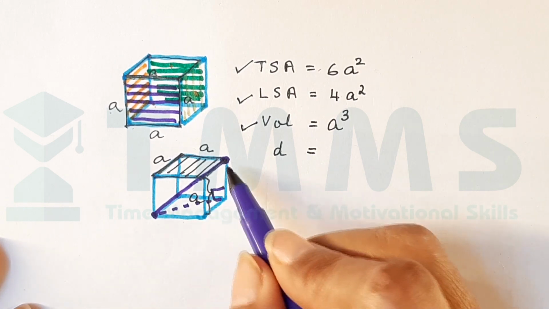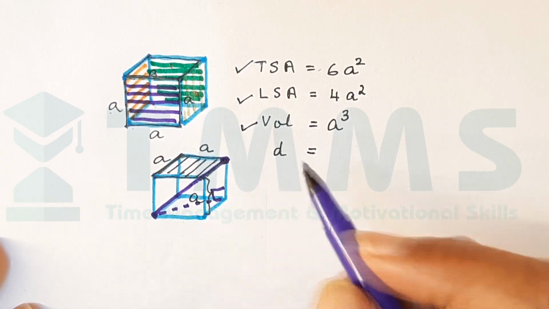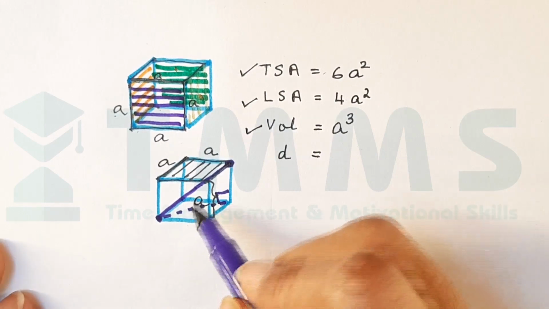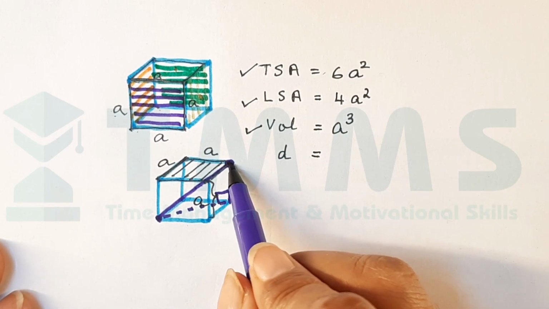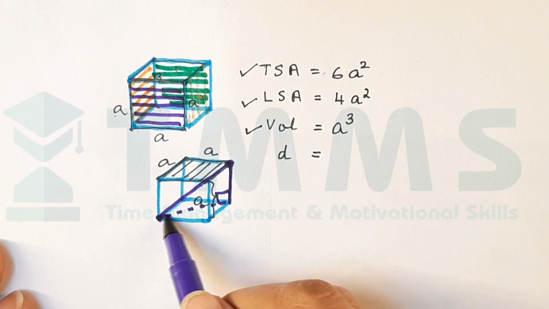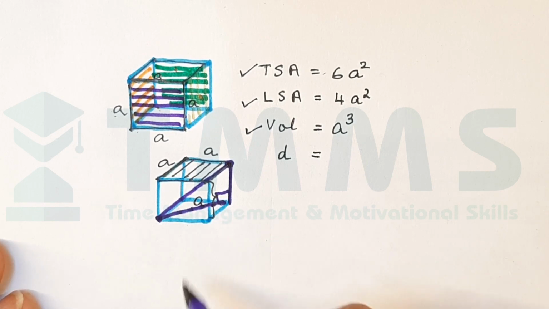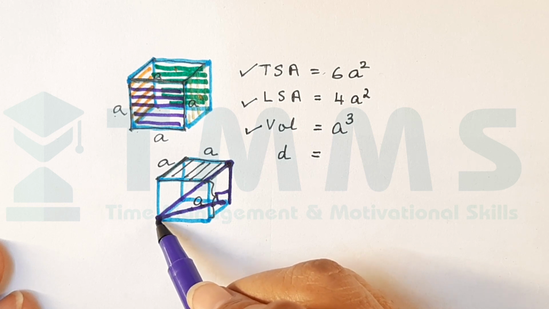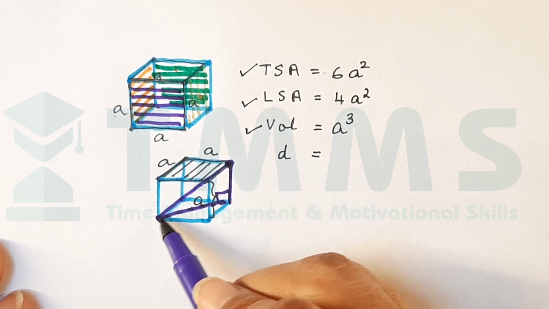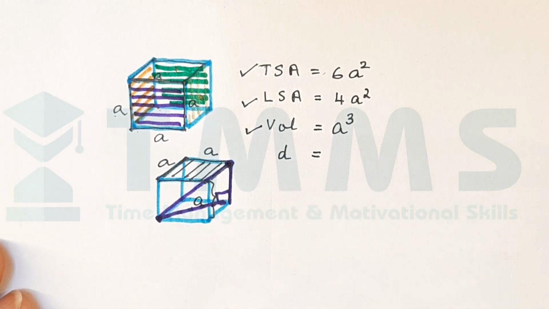Now this is like a three-dimensional thing. Try and understand. I will explain this once again. If you look at this diagonal of this square, which is at the base, and then take this vertex and join it up, this becomes the diagonal of the cube.